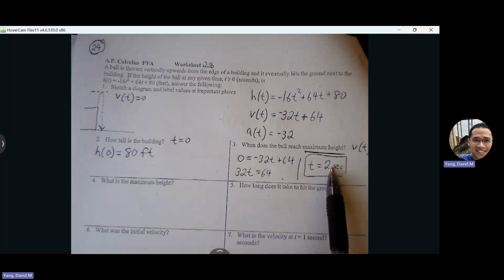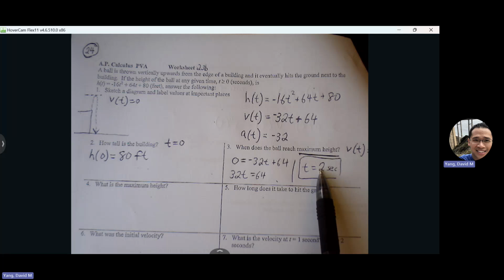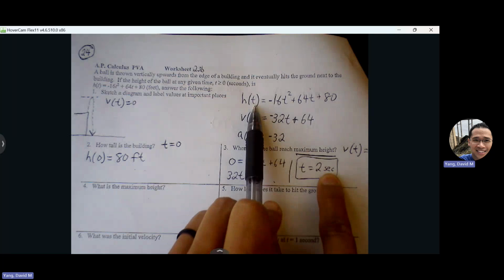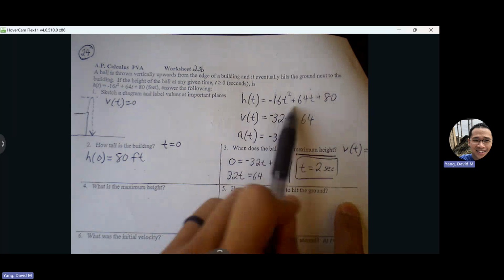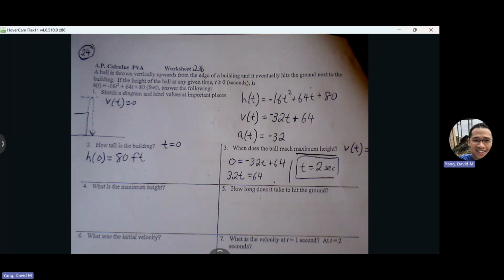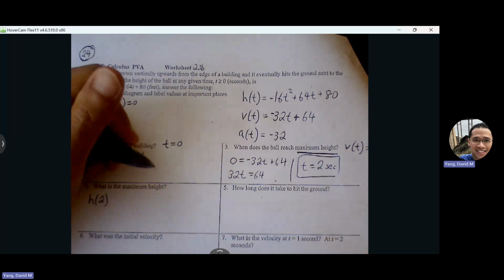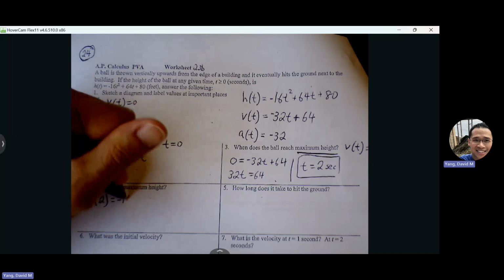So now we know how long it takes for the ball to reach maximum height. What is the maximum height? How can we find that information? The height, yep, because we have a position function that can indicate the height if we give it a moment in time. So we just plug 2 in. Let me do the math for us since you don't have a calculator.